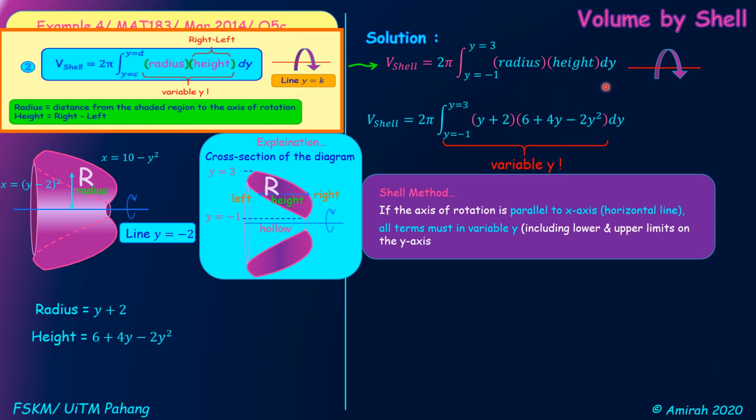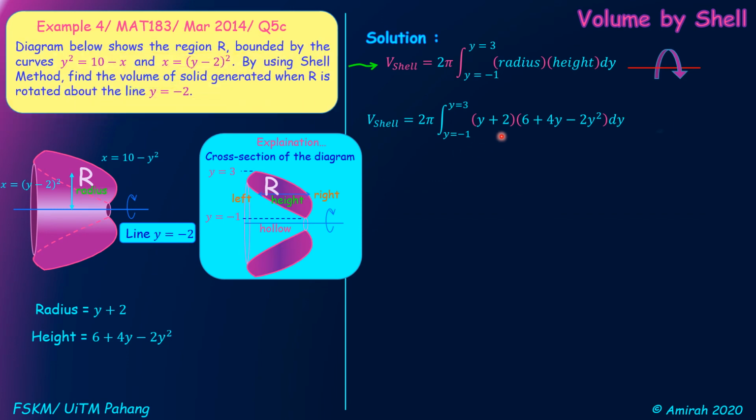Under the shell method, if the axis of rotation is parallel to the x-axis, in other words a horizontal line, all terms must be in variable y, and the limits must be on the y-axis.